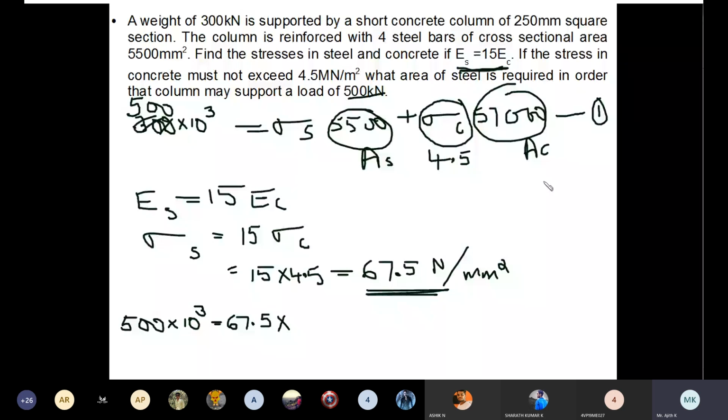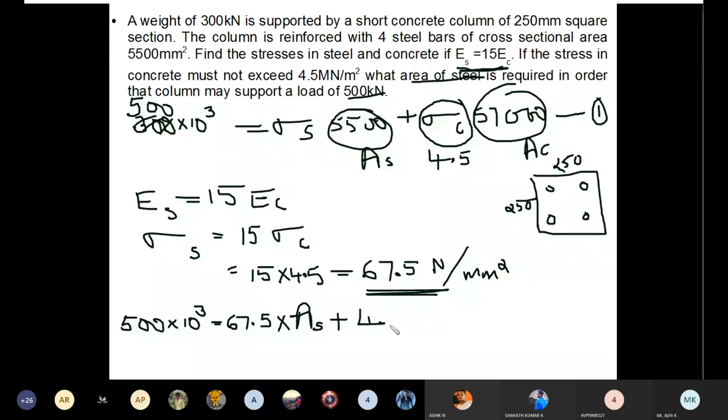This was the actual diagram, 250 each. Here the area of steel is unknown, you have to find out what area of steel is required. Plus sigma C is 4.5.